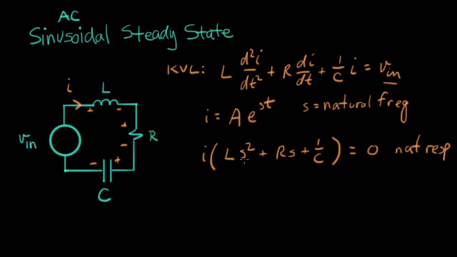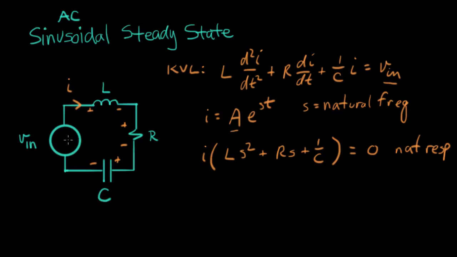So we solve this equation by setting this term equal to 0 and solving for s to find out what the natural frequency is. And then we go back and find A by looking at the initial conditions. Whatever initial energy was in this circuit determines the value of A here.